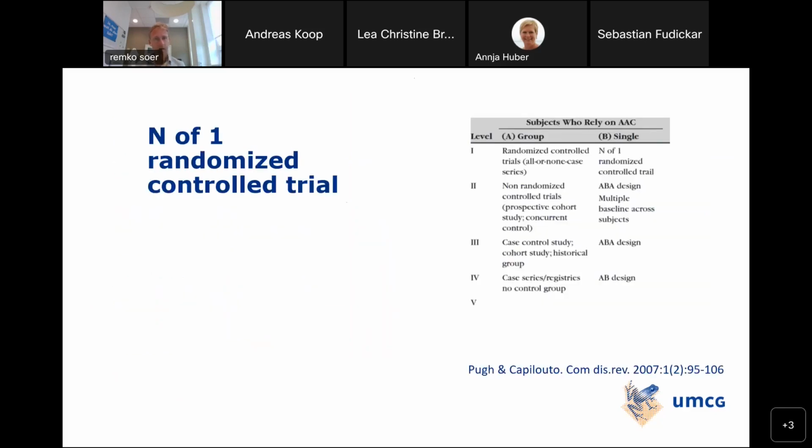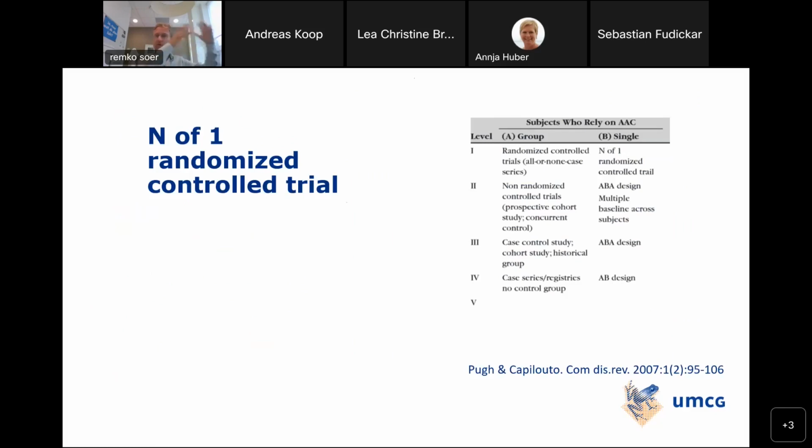So that is also why the N of 1 randomized controlled trial is considered level 1 evidence also. And I think it deserves this title as well, because I think it is very important that for the individual patient, it's just a matter of how you focus.